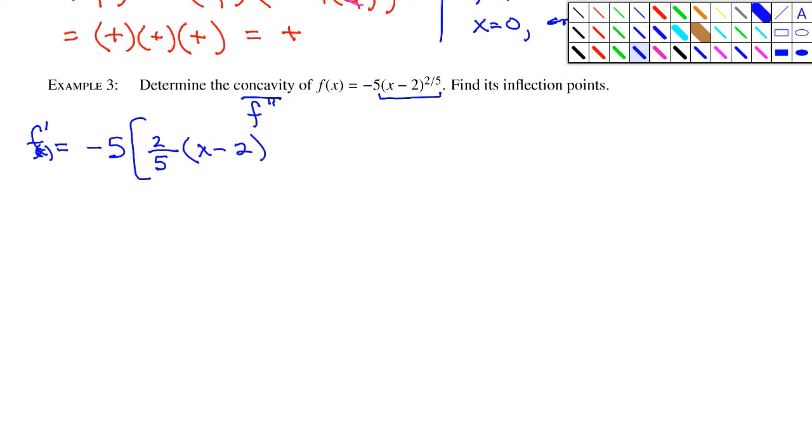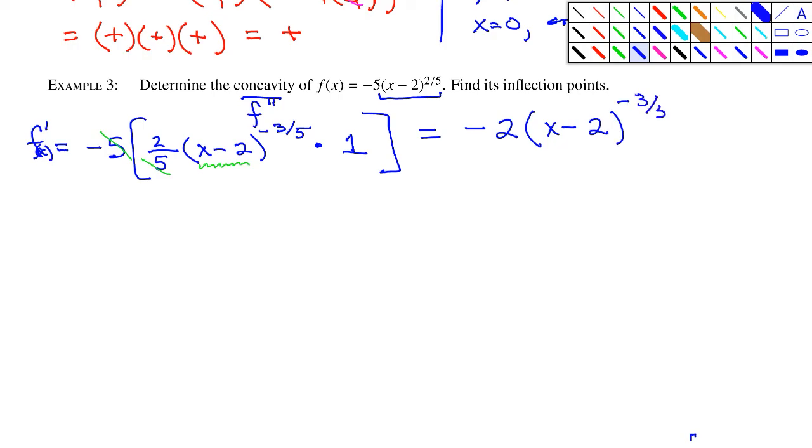Lower the power by 1. So 2/5 minus 1 is -3/5 times the derivative of the inside, which is just 1. And then we simplify. So -5 times 2/5, the 5s cancel and leaves me with a negative. So this is -2 times x minus 2 to the -3/5.